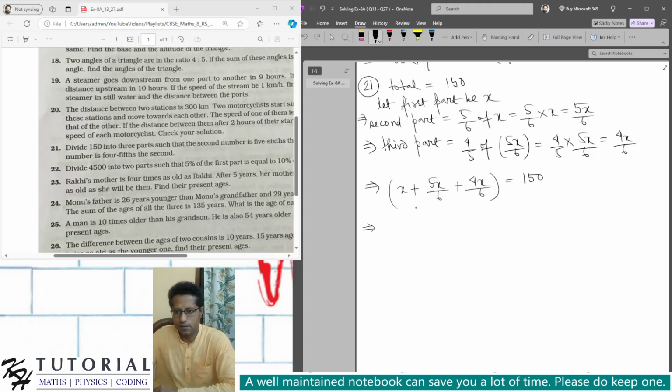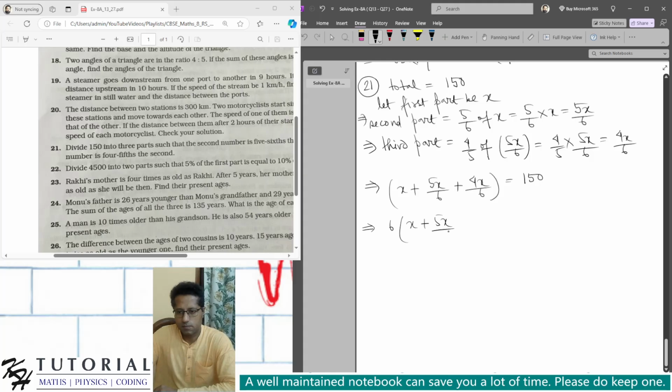So I am multiplying both sides by 6. x plus 5x/6 plus 4x/6 is equal to 6 multiplied by 150.